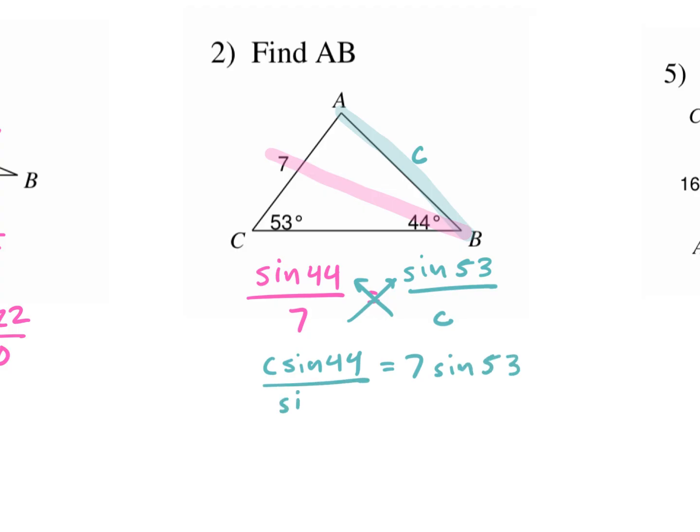Divide both sides by sine of 44 to get the C all by itself. Then we're just going to put this into the calculator. Be careful when you're putting it into the calculator. We do 7 times sine of 53. Either close the parentheses or hit equals, and then divide it by sine of 44. So that'll give us 8.05 when we round to 2 decimal places.